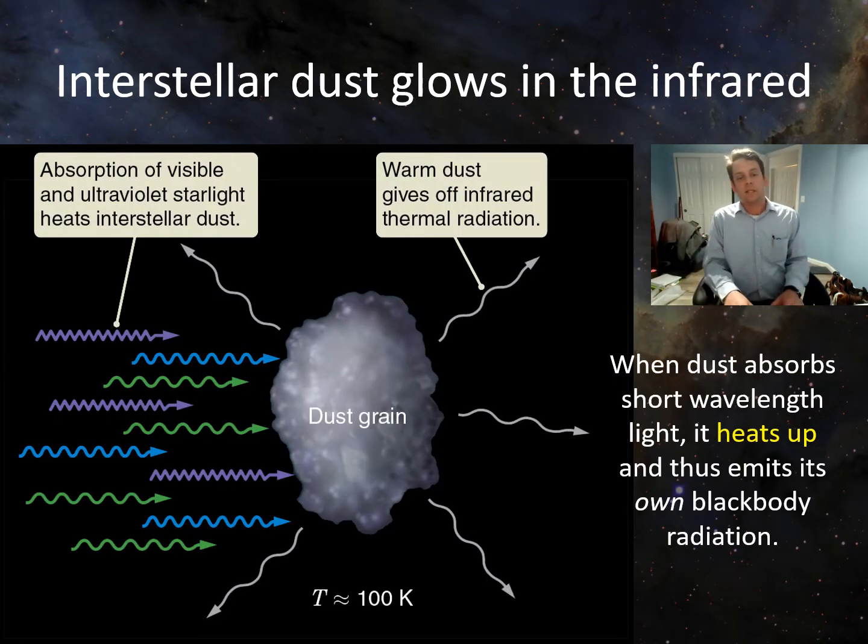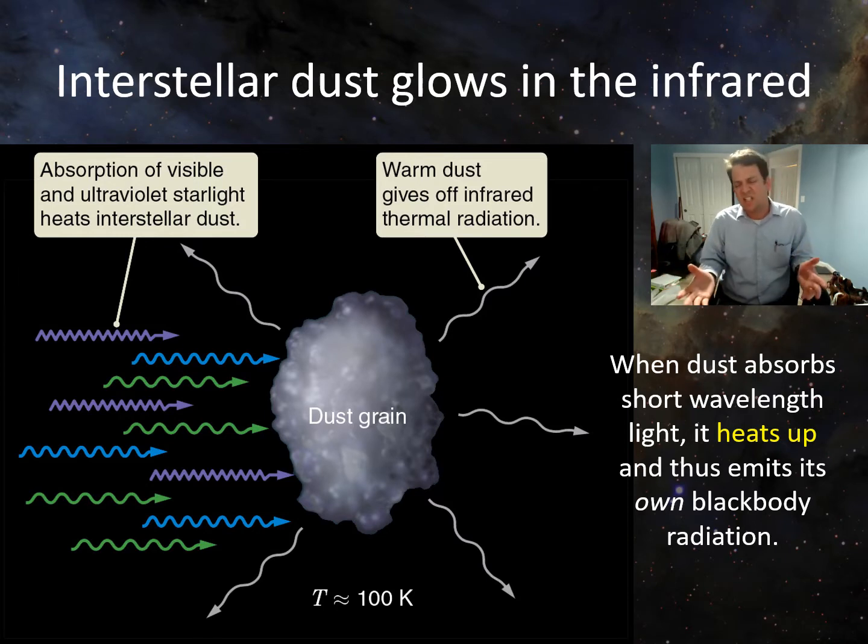And so what's happening is that these grains of dust out in the interstellar medium absorb visible and ultraviolet light that comes from stars just around them, and then because of that energy, they warm up, and now they give off thermal radiation in the infrared. Okay, just through their own black body spectrum. And obviously different grains of dust in different parts of the interstellar medium will be at different precise temperatures.